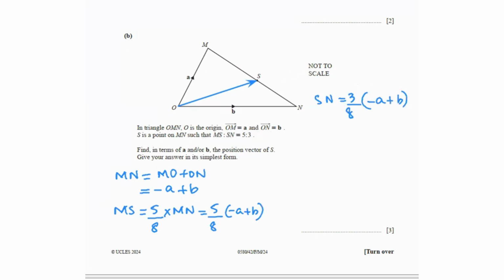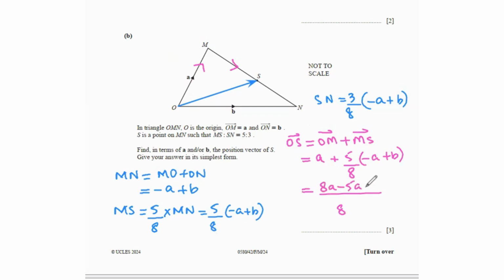So to find OS, I could say I'm going from O to M and M to S. So OS would be OM plus MS, where OM is A and MS is 5 over 8 times negative A plus B. That's 8 in the denominator and 8A minus 5A plus 5B over here, which is equal to 3A plus 5B over 8.